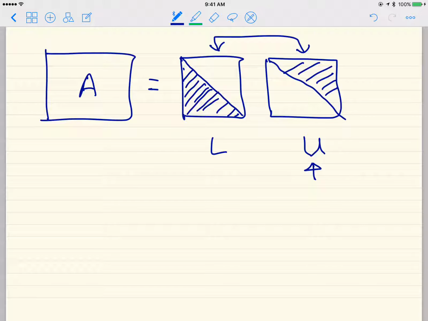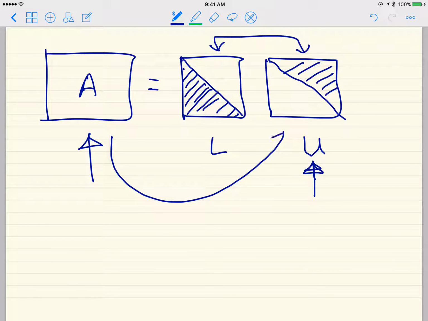Okay, the lower left part are all zeros, right? So this guy is nothing but your echelon form matrix. Okay. So it ends up being just row reduction. You just do the row reduction on the matrix A, and you will change it into the matrix U, which is your echelon form.